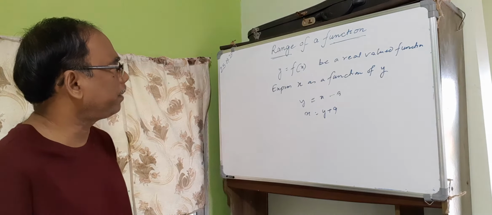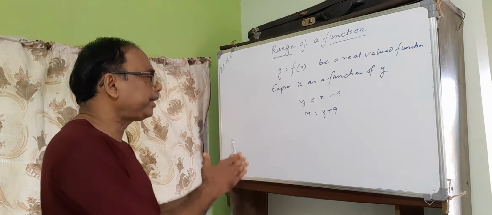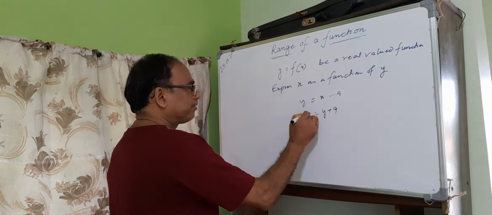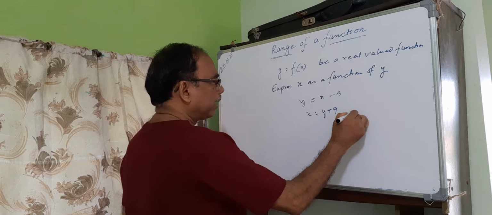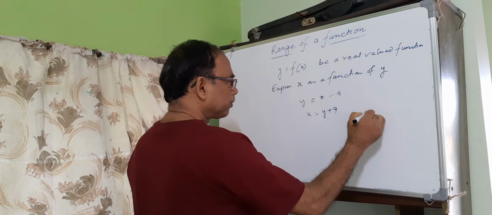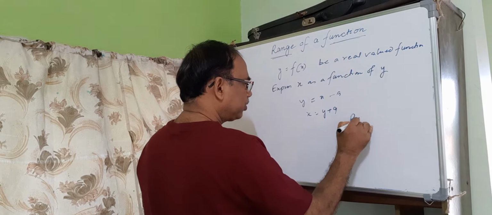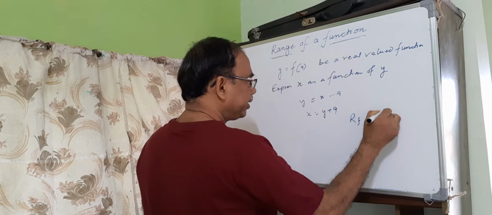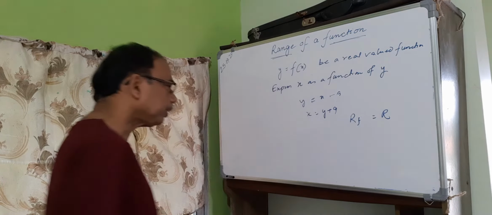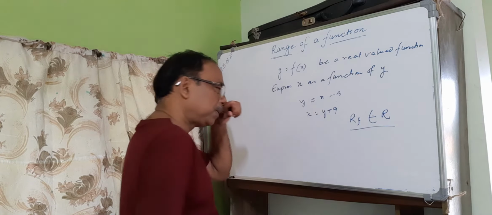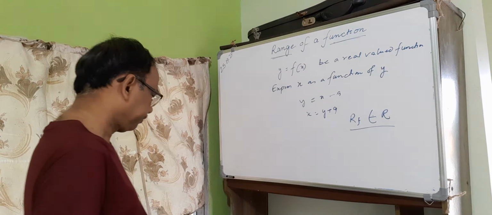In case of domain, we took y as a function of x. In this case, you have to take x as a function of y. Here, the range of the function equals any real number.